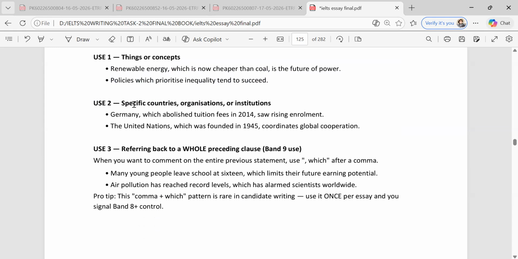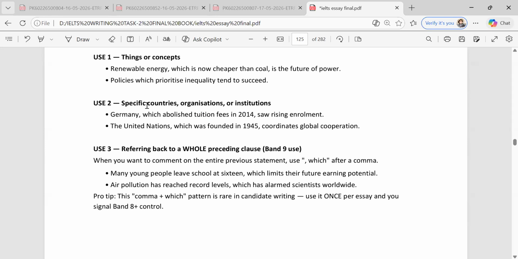Then we can use it for specific countries, organizations and institutions. We have used Germany, which abolished tuition fees in 2014. Can you see it's non-essential information? Like before, Germany used to charge fees, but when they abolished them, they stopped charging, so now there is a significant increase in enrollments.